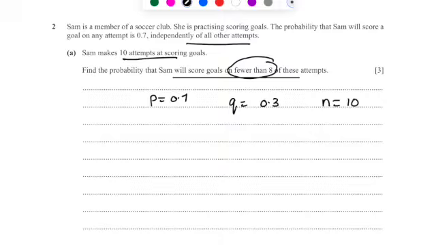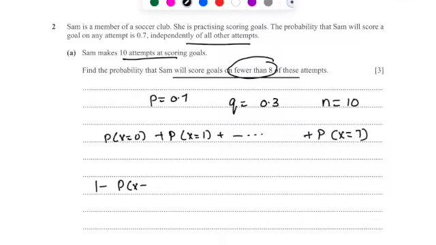Fewer than 8 means 0, 1, 2, 3, and so on till 7, which is very difficult to add. So what do I do? 1 minus the probabilities of 8, 9 and 10.